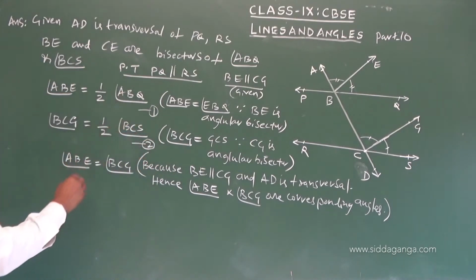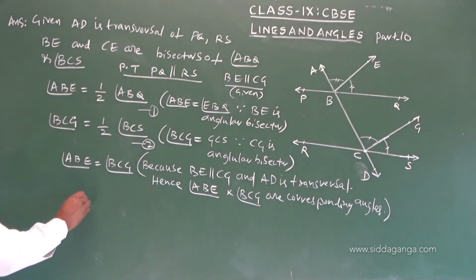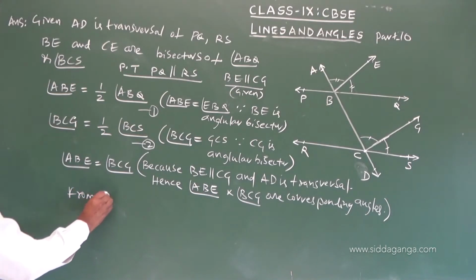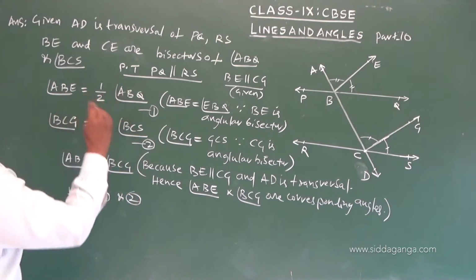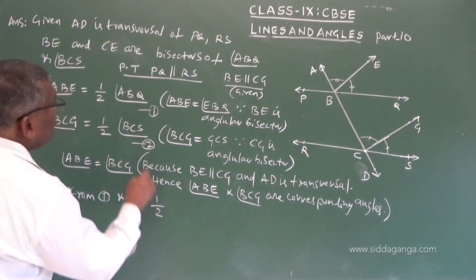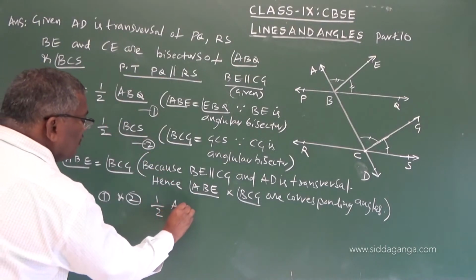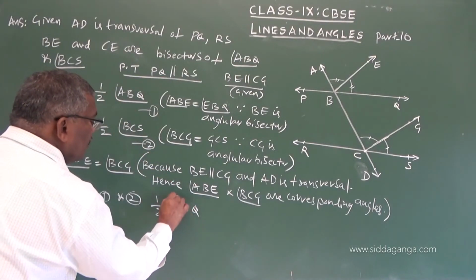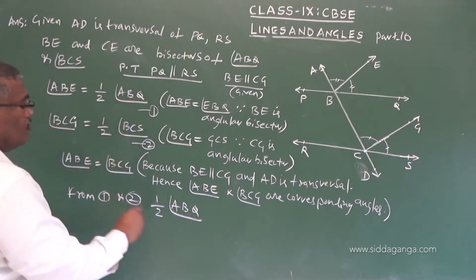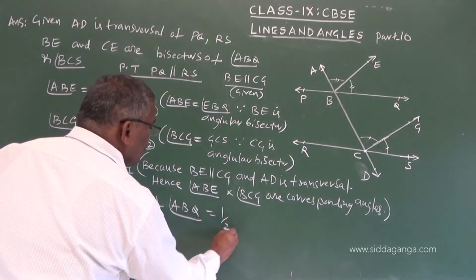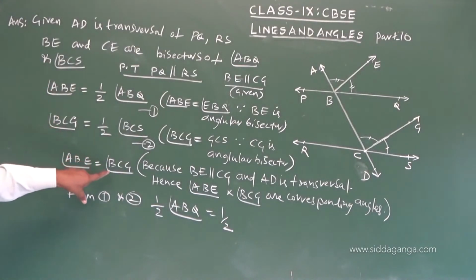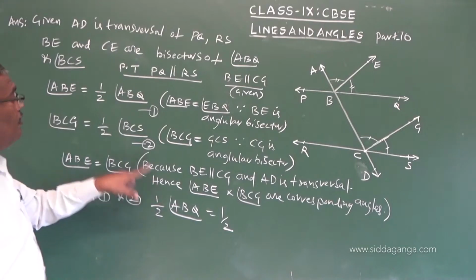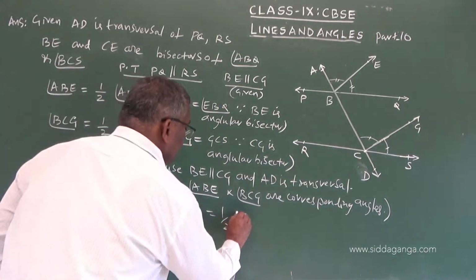So now I can say, from 1 and 2, the right hand side, I will equate: 1 by 2 ABQ is equal to 1 by 2 BCS, because the left hand sides are equal, ABE equals BCG, that we have proved.